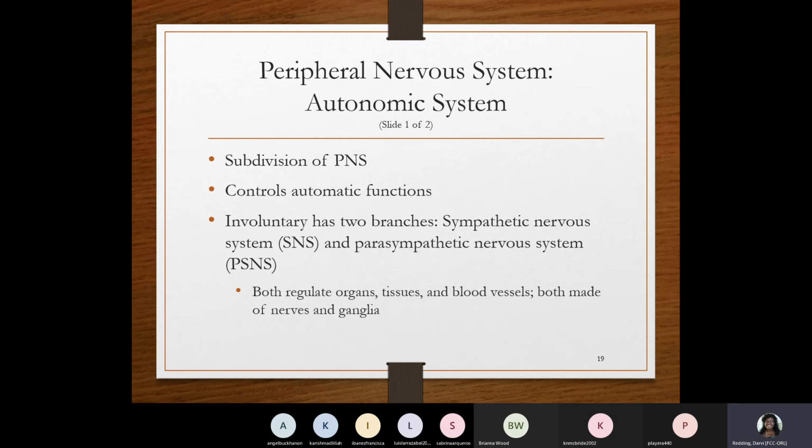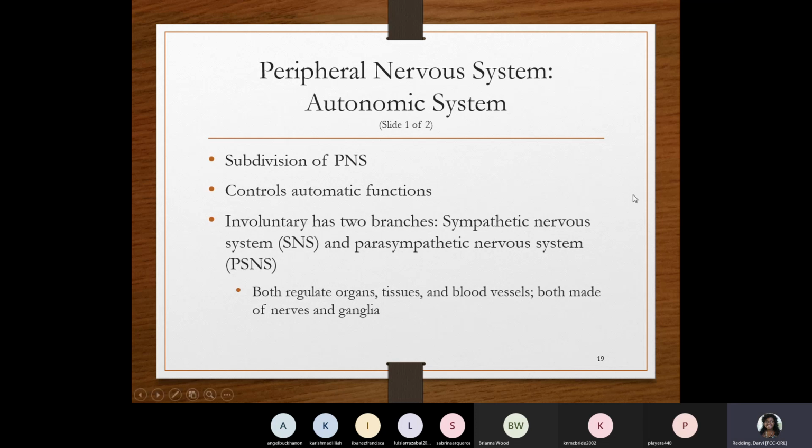And so the peripheral nervous system is a subdivision of the PNS. And again, it controls the automatic functions. And now with the involuntary, those two branches are the sympathetic nervous system, which is abbreviated as SNS. And then you have the parasympathetic nervous system, which is abbreviated as PSNS.